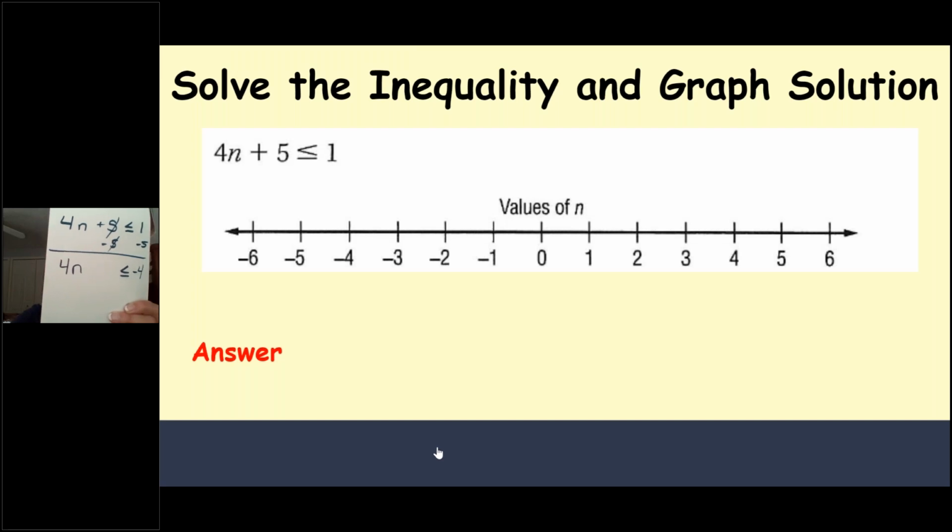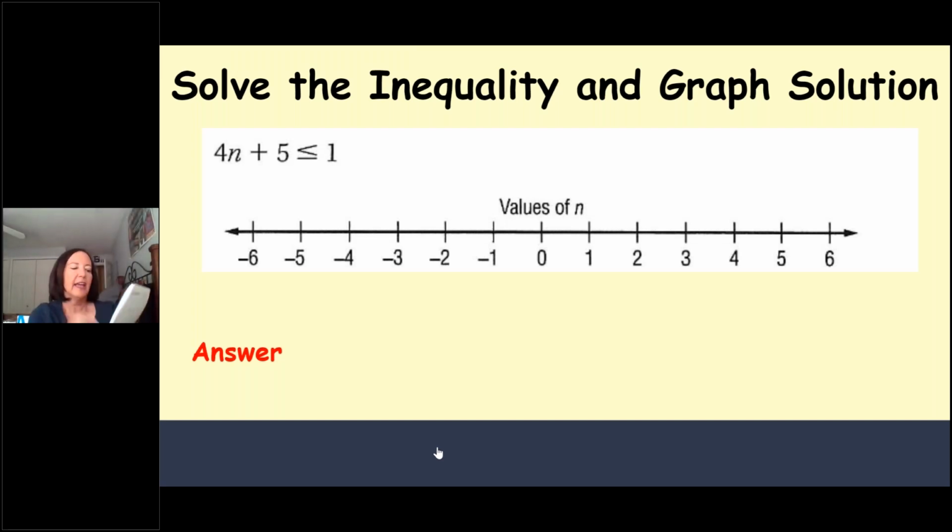Right now I have 4n, 4 multiplied by n. So what's the opposite of multiplication? Division. Nice. So what do you have to do to both sides? You would have to divide by 4.